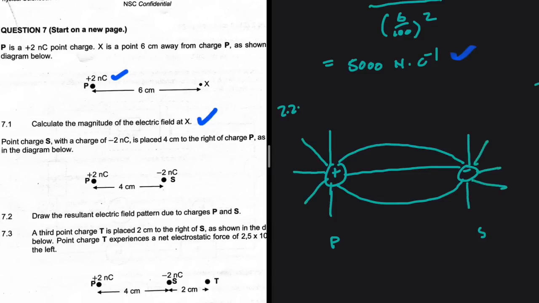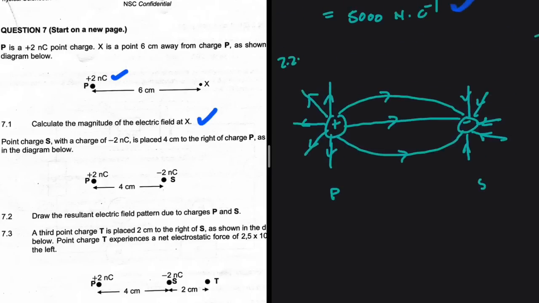So the field lines are pointing away from the positive sphere, and towards the center of the negative sphere. So the positive sphere is away, and from the negative sphere's point of view, it is towards. So this is what we're supposed to have for 7.2, right?